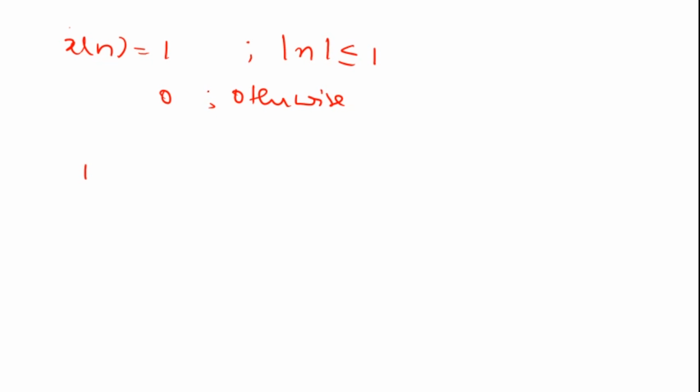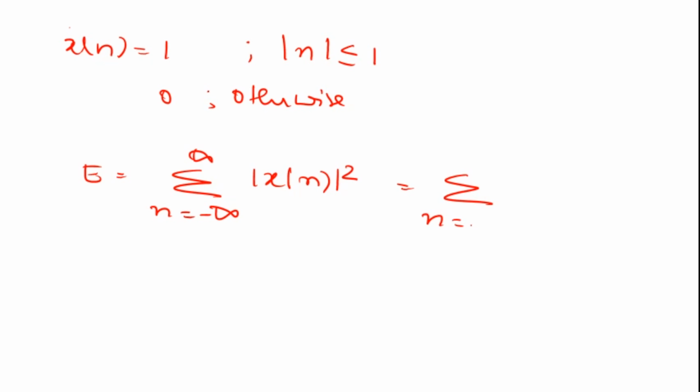Then E is equal to summation n is equal to minus infinity to infinity mod of x of n whole square, which is equal to summation n is equal to minus 1 to 1, it is 1 square, which is equal to 3, which is less than infinity. Hence, x of n is an energy signal.